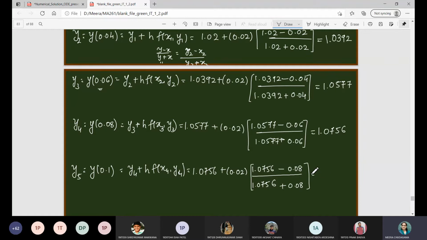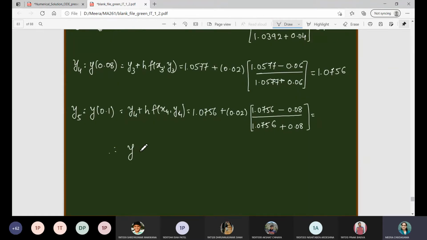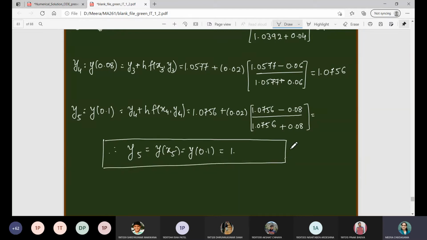So the answer is 1.0928. Yes, that is the correct value and which is the required value.